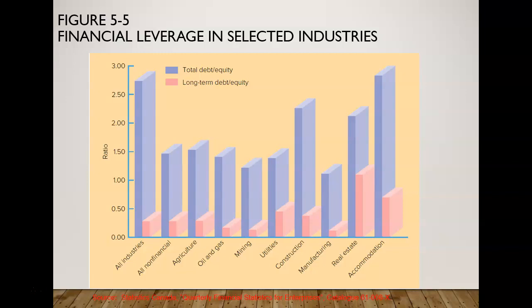Their revenue may be more stable, and hence they're better able to use leverage than companies with less stable revenue. For example, in the mining industry, long-term debt to total equity is far less versus, say, real estate or the accommodation industry.